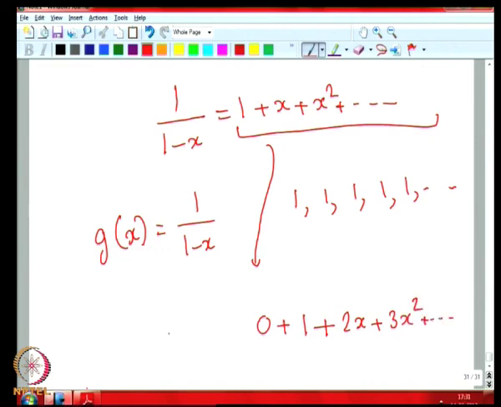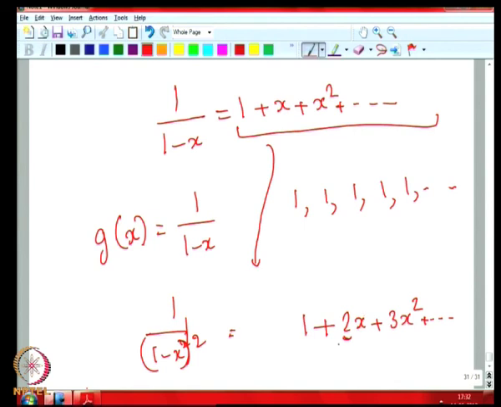If you differentiate this portion, we will get minus 1 by 1 minus x whole square, and there is a minus x here, so it is plus 1 by 1 minus x whole square. Here we have 1 plus 2x plus 3x square, where 2 is the coefficient of x.